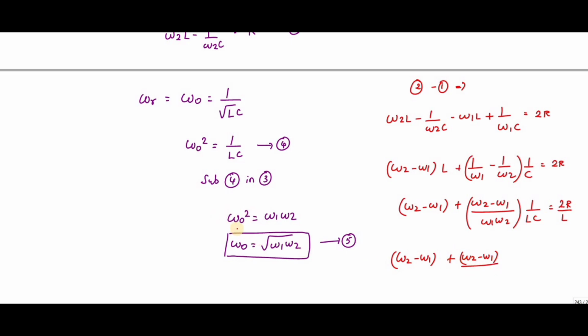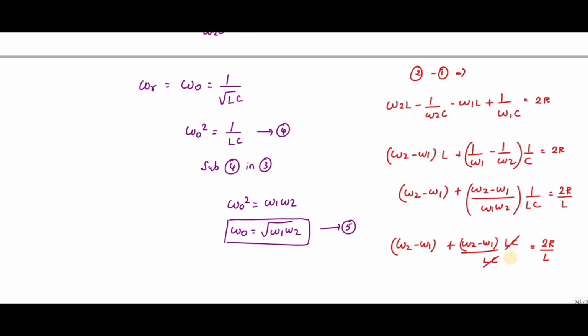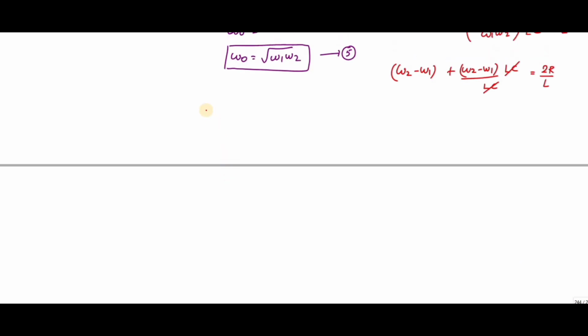Omega naught square is LC. So we will get LC divided by LC, that is equal to 2R divided by L. So here LC and LC get cancelled out, and we will get omega 2 minus omega 1 is equal to 2R by L. So what is omega 2 minus omega 1? That is equal to R by L.